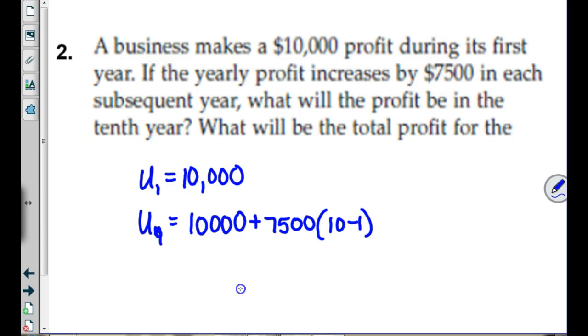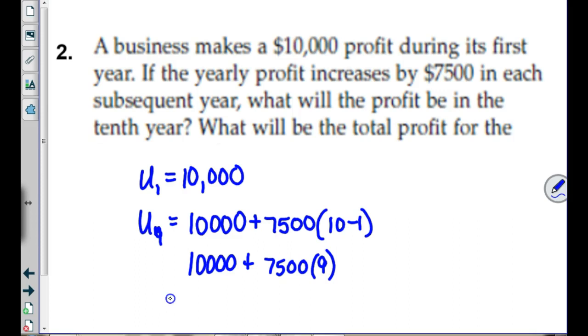Should we put it in the exponent? Okay, we're just adding it on over and over. We're not multiplying by it over and over. Okay. It's not geometric. That's when it would be in the exponent. Good question. So it's just 10,000 plus 7,500 times 9.